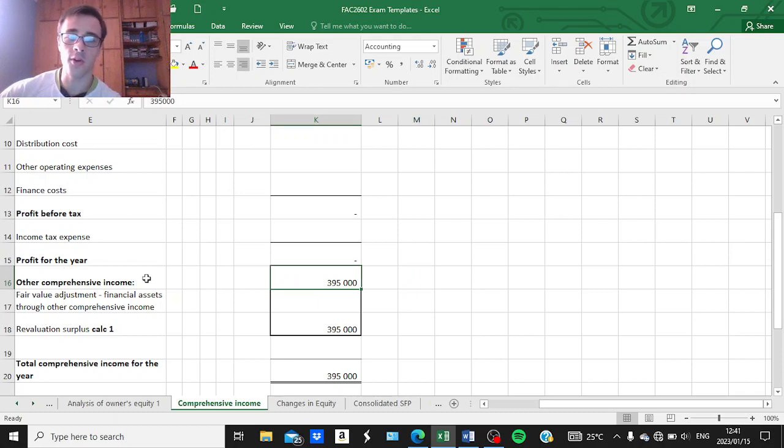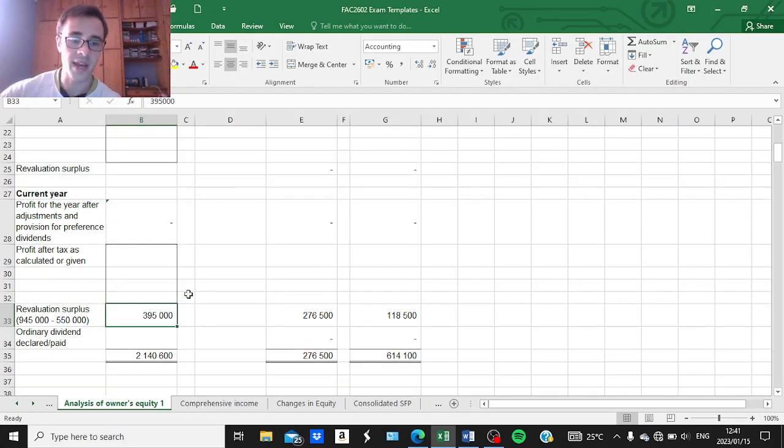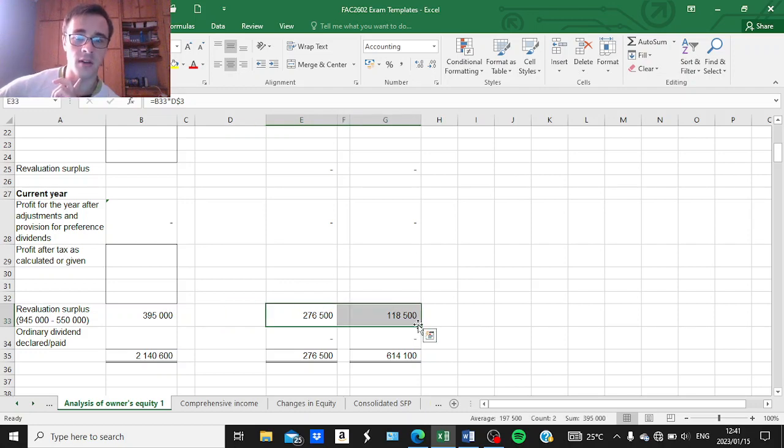So the total of your other comprehensive income section should amount to 395,000. Okay. And then we need to show these two respective amounts in the consolidated statement of changes in equity. We will show this amount that is attributable to owners of the parent in the revaluation surplus column, and we will show the 118,500 as part of the NCI column.